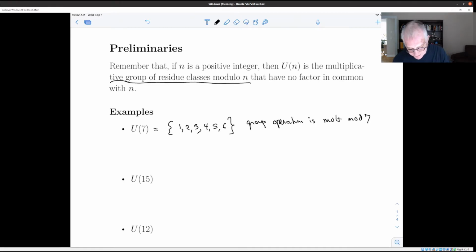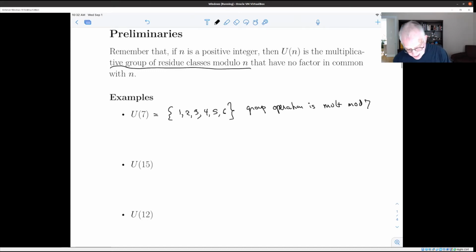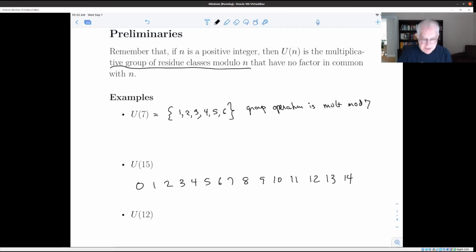What about U of 15? Well, U of 15 consists of the residue classes that have no factor in common with 15. In other words, it's the residue classes that are neither divisible by 3 nor 5. One way to work that out is to write down all the residue classes mod 15, 0 up to 14, and cross off the ones which do have a factor in common with 15. So 0 does.